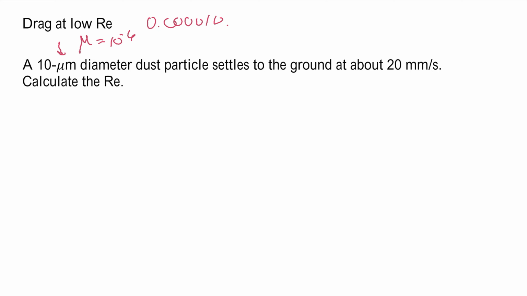Okay, so a 10 micrometer diameter dust particle settles to the ground at about 20 millimeters per second. So very, very slow. Calculate the Reynolds number. If I'm doing 20 millimeters per second, I probably have to turn that into meters per second as well.